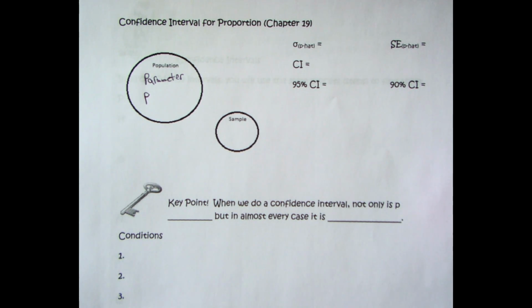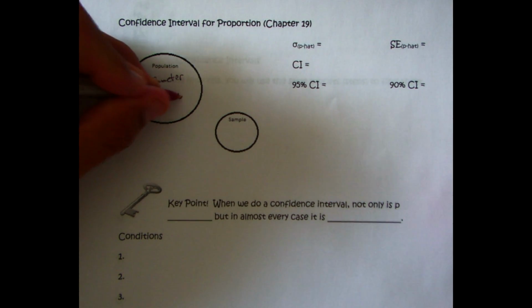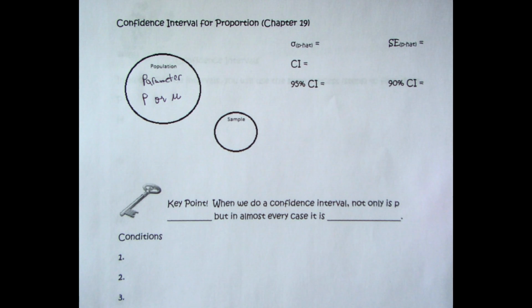Or if we're dealing with means, we would be dealing with mu, and mu is the mean IQ score of all males in the United States.